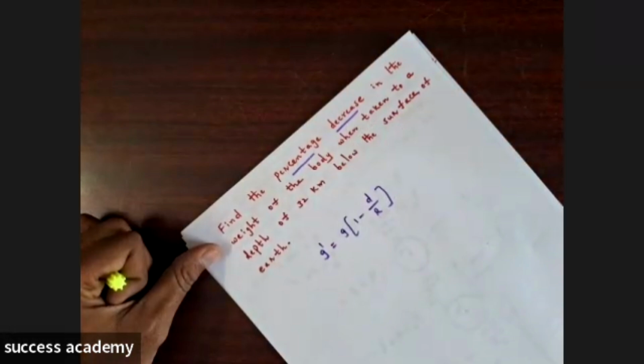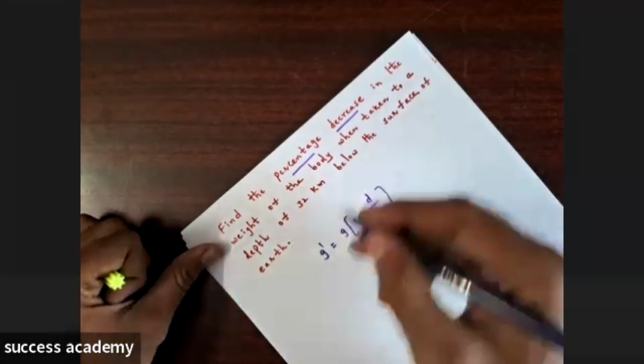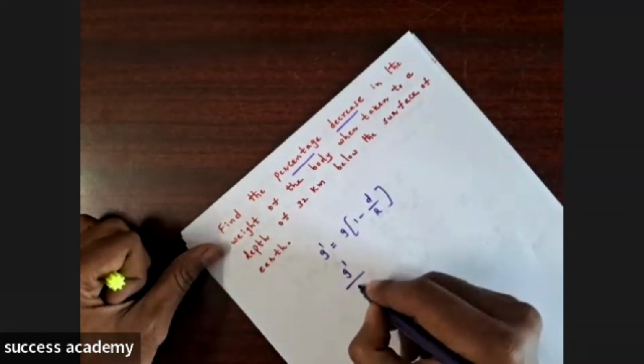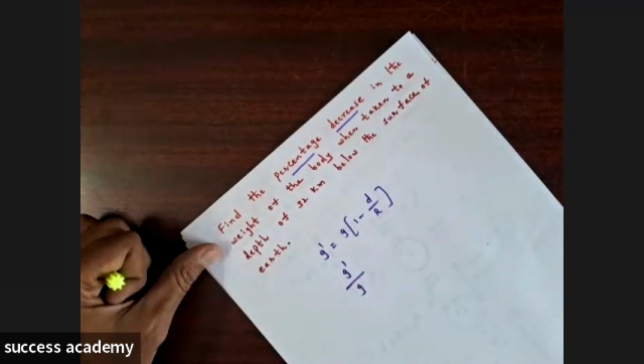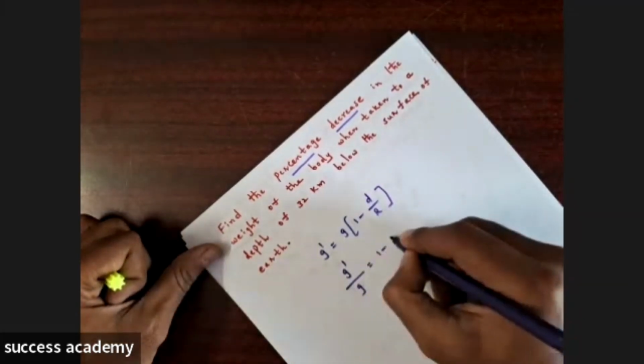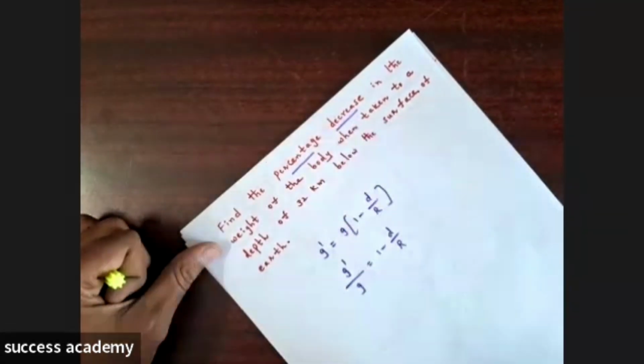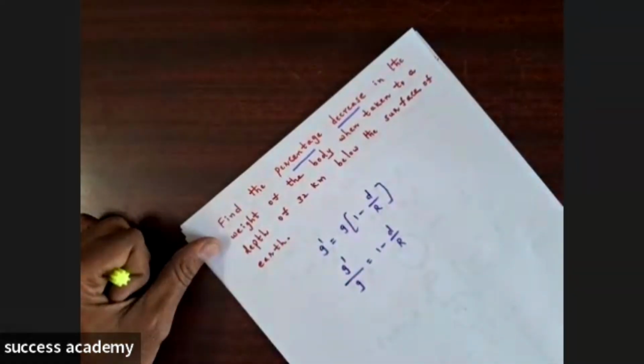So here, take g as cross multiplication: g dash by g is equal to 1 minus d by R. Percentage decrease means here the weight decreases.